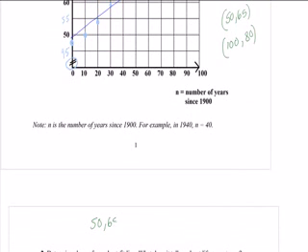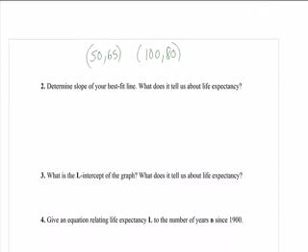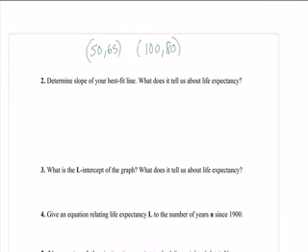So 50, 65, and 100, 80. And the first thing to do is to determine the slope of our best fit line. Should we use the numbers that you used even if they don't match up with ours? Yeah, use the numbers that I'm using, even if it doesn't match, just so our notes will all be the same. Maybe make a note to yourself.